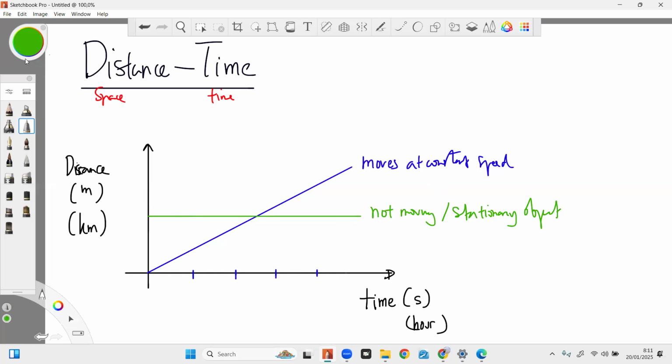Understand, yeah? How about this, the red color? Accelerating. Oh, nice. Why accelerating? How can you explain that the object is accelerating? Oh my goodness, the gradient is changing all the time.